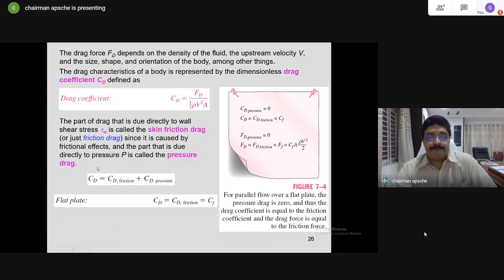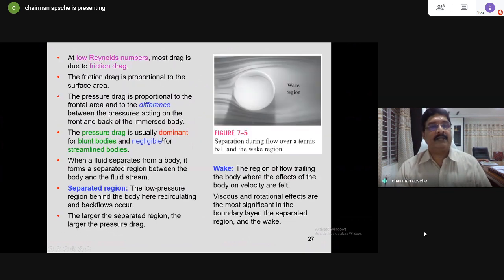Okay, so I was explaining this to you towards the end of it. The coefficient of drag is a combination of skin friction, that is the frictional coefficient, and also the pressure coefficient, the drag coefficient for pressure. So the sum of it is the total.